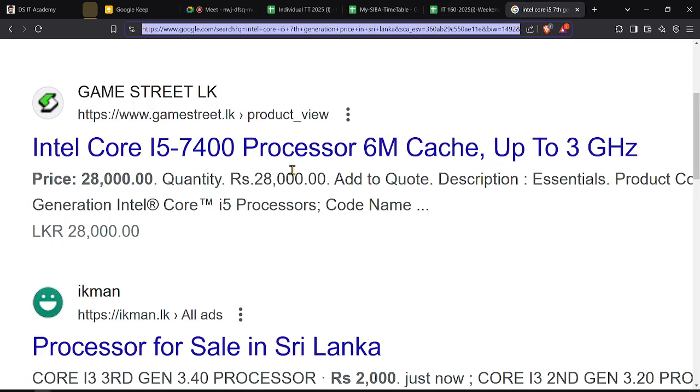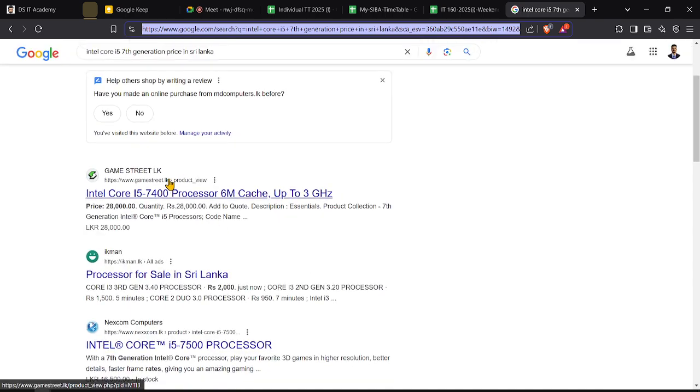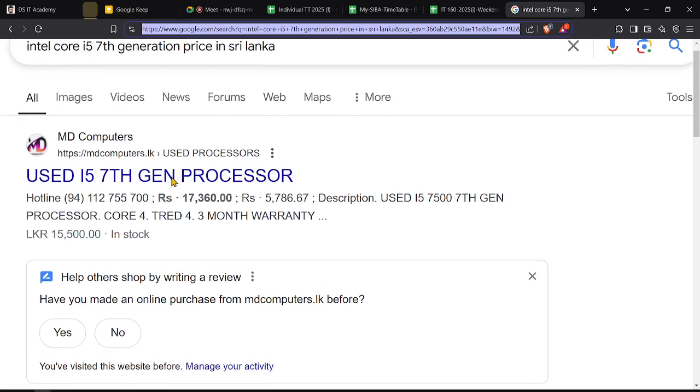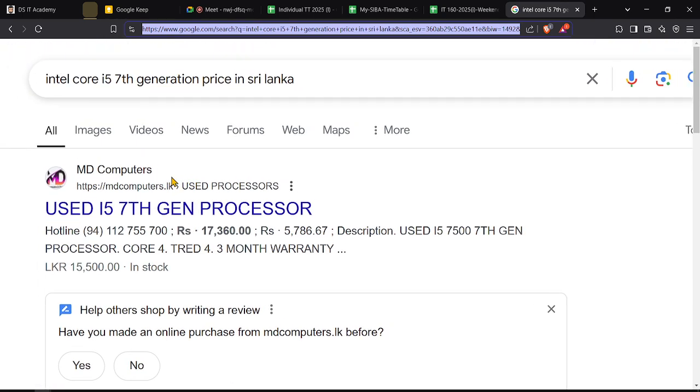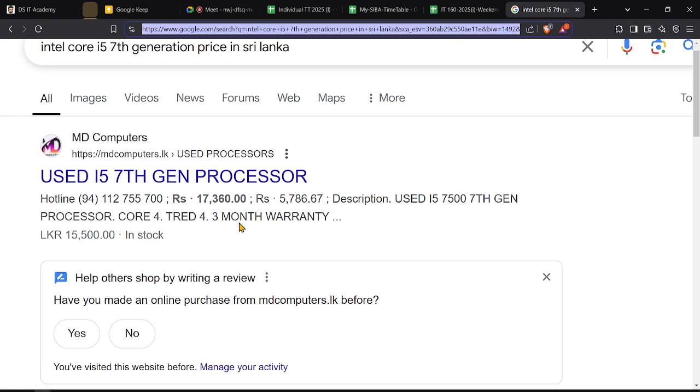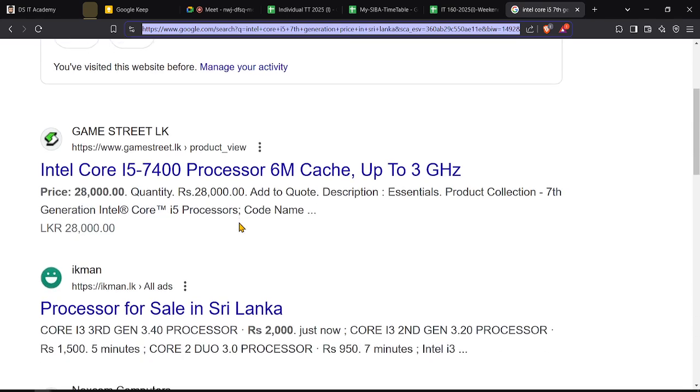But my recommendation is don't try to buy using this website. Please consult a shop or some trustworthy person. Because sometimes if you buy products or CPUs and other electric devices from this website, they won't give you the chance to change them.